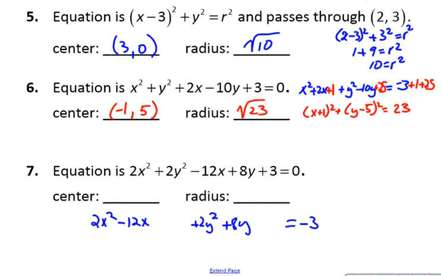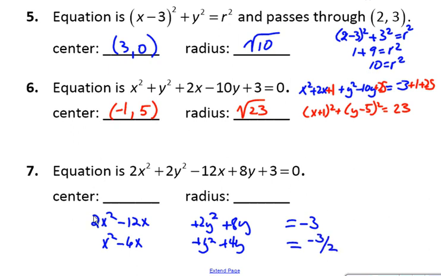You cannot complete the square if you have a coefficient on your square terms. So I'm going to need to divide everything by 2. And that's going to give me x squared minus 6x plus y squared plus 4y is equal to negative 3/2.